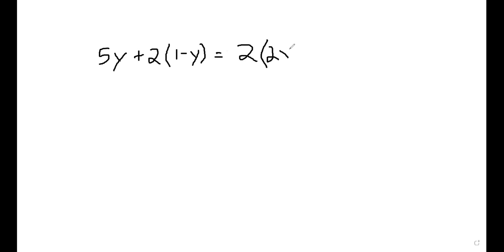Okay, our problem today is 5y plus 2, and then parentheses, 1 minus y, and then close up the parentheses, equals 2, and then a new set of parentheses, 2y minus 1.